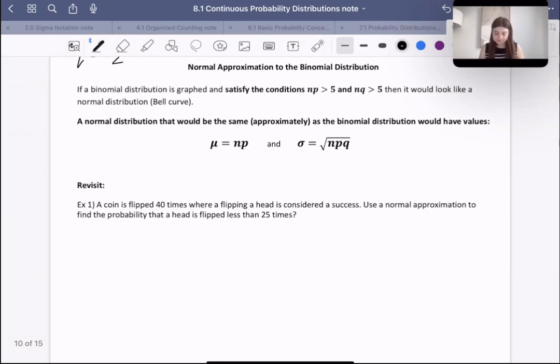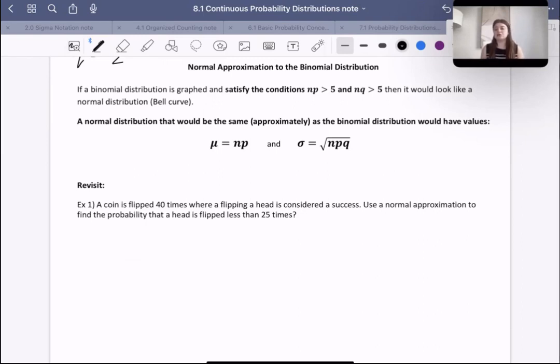So what does this say here? If a binomial distribution is graphed and satisfies these conditions, then it would look like a normal distribution, or a bell curve. A normal distribution that approximates the binomial distribution would have these values. The mu would be np, which should be no surprise because the expected value is n times p, and the expected value is the same as the average.